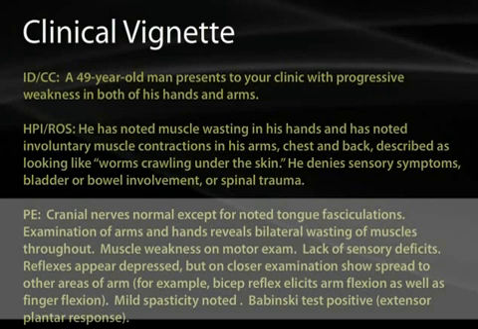This diffuse weakness with fasciculations in this picture, especially tongue fasciculations, suggests amyotrophic lateral sclerosis, ALS, or Lou Gehrig's disease. This is an important syndrome to understand, and it is a damage to the corticospinal tract and to the neurons of the ventral horn.